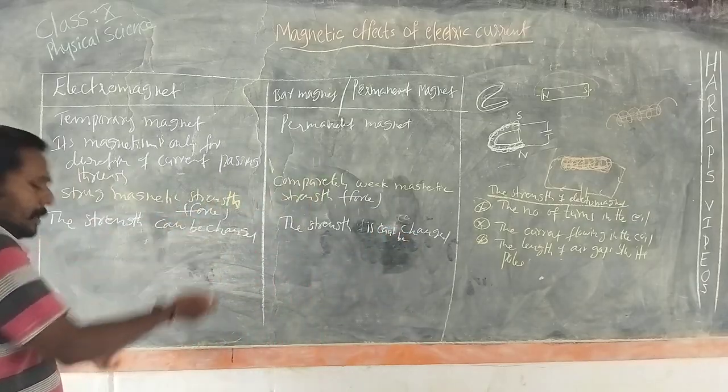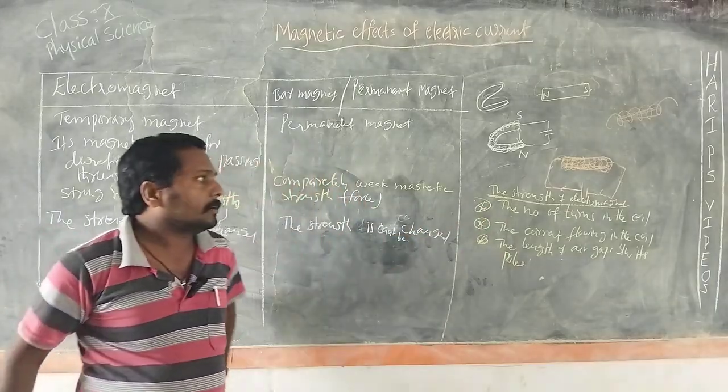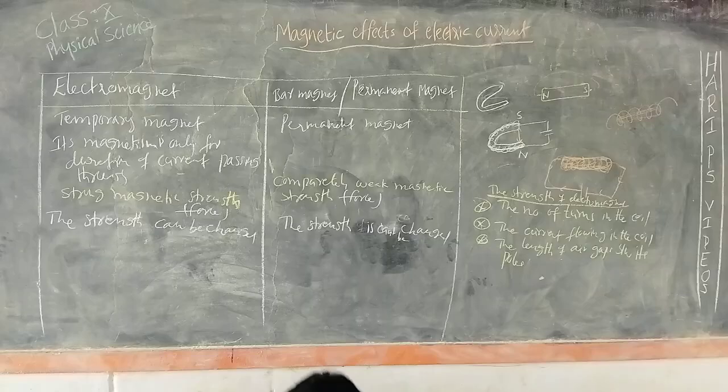We can change it by changing the number of turns in the coil and the current flowing in the coil.